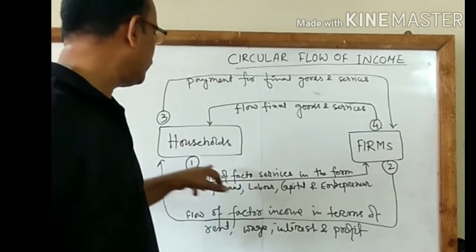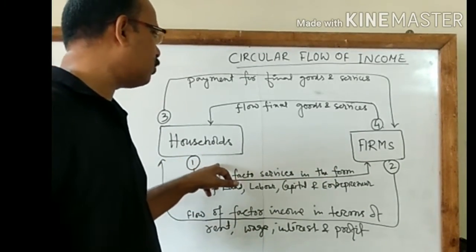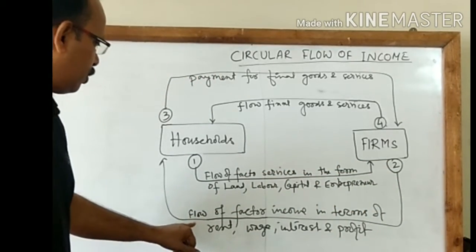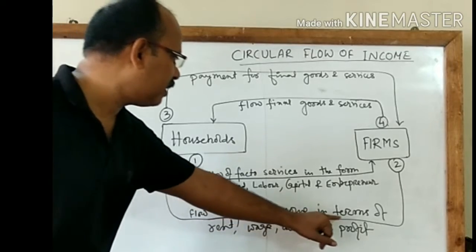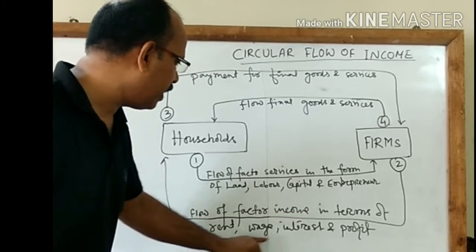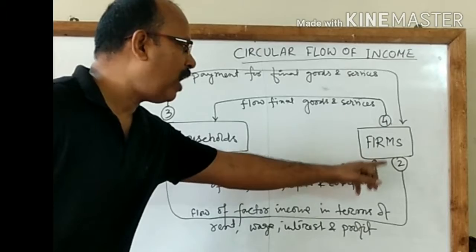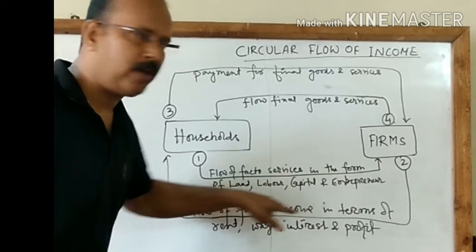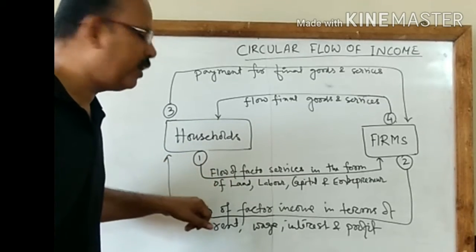And farm is purchasing factor services from the households, and in return the farms are making payment, that is flow of factor income in terms of rent, wage, interest and profit. So farm is making payment and the household is getting income. For the farm, it is a factor payment, and for the household, it is factor income.